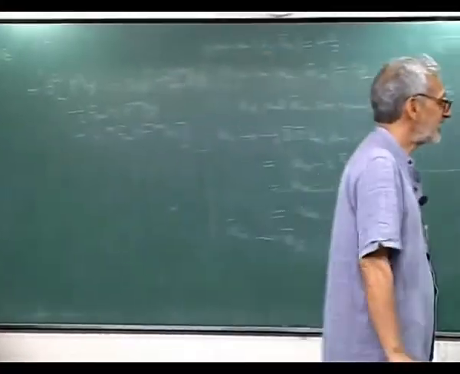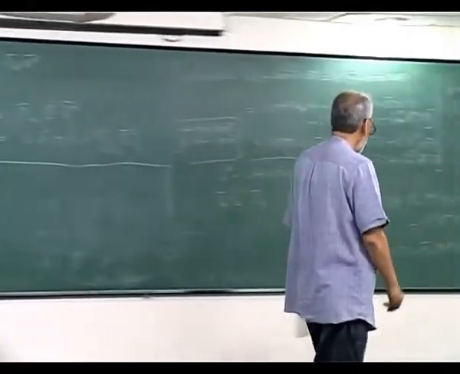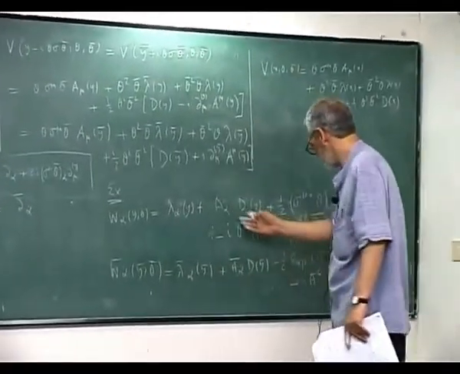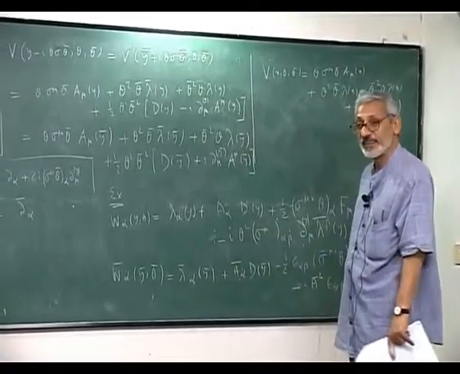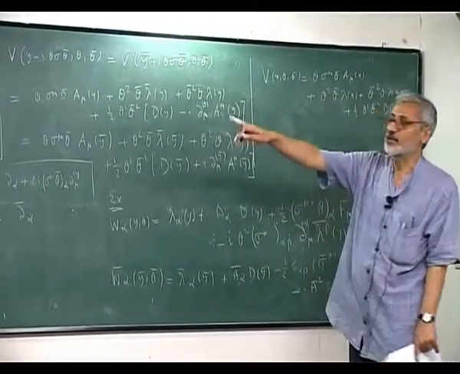So use that identity and calculate the square of these objects, and pick up only theta square terms. That's the only terms I'm writing.